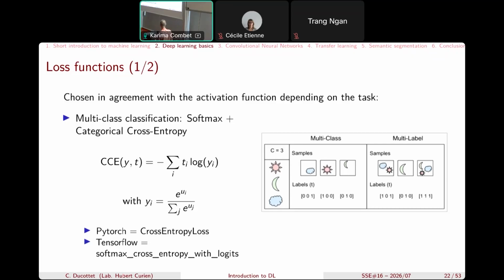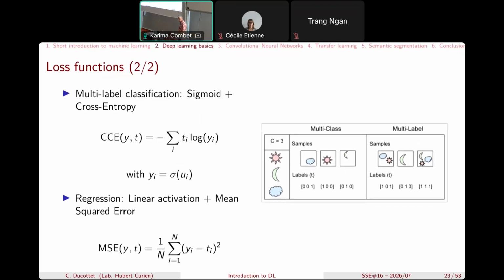And the values Y are our probabilities, which are the output of our softmax function. Okay, so we have 2 important losses to know in this introduction: this cross entropy loss and the mean square error I already introduced for the regression. These are the main losses that we could use in this kind of system.